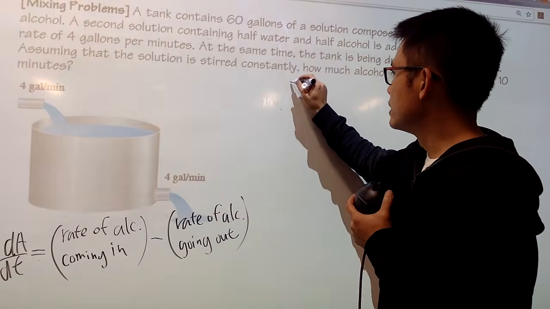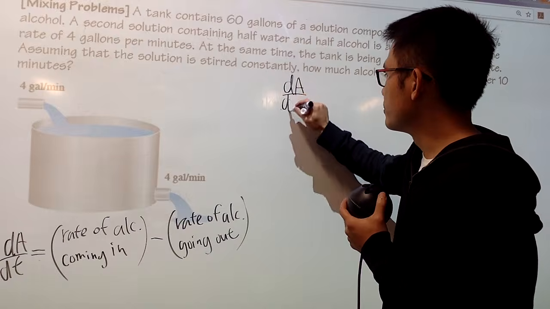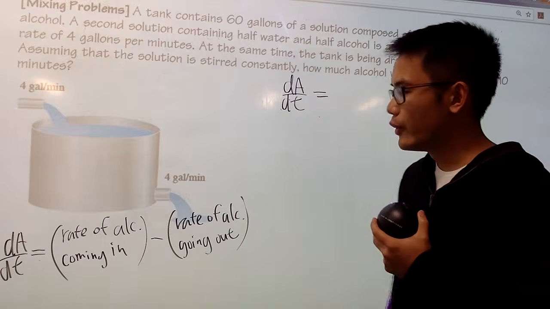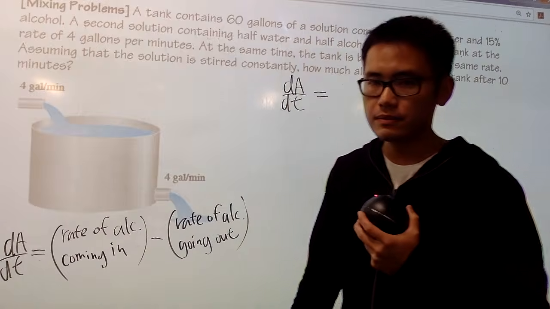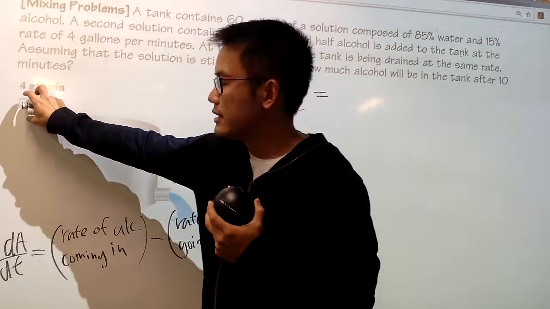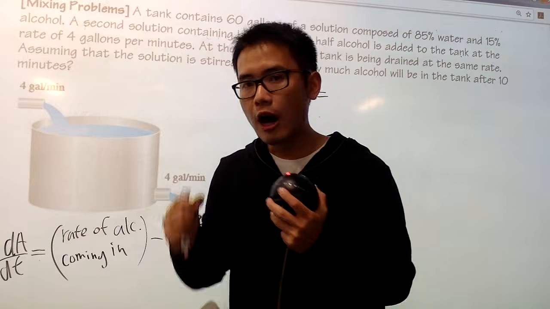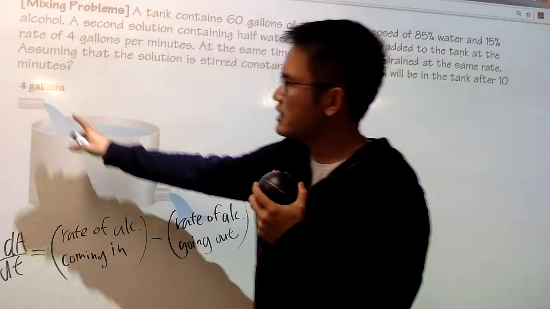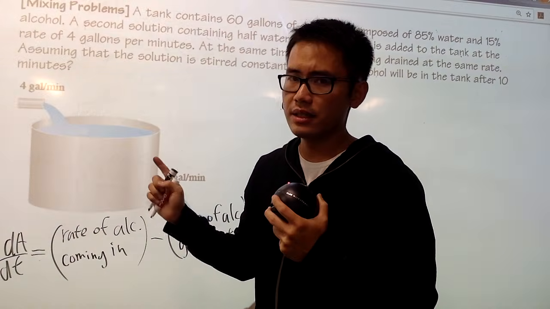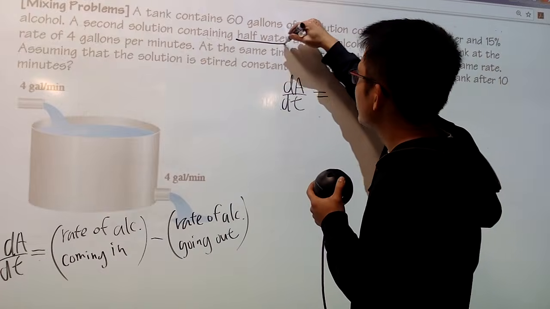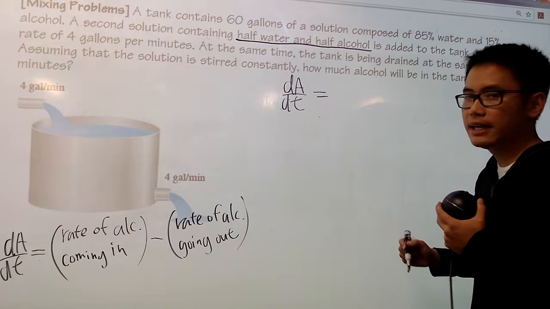Now, let me just focus on the differential equation part. The dA/dt is equal to, we have to figure out this first. We should look at this picture here, because this tells me how much alcohol is coming in. It said 4 gallons per minute, but it also said half water, half alcohol, right?